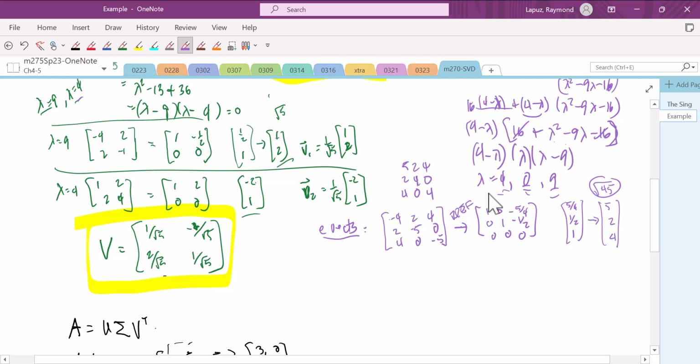All right, now let's put 4 in there. Subtract 4, so in the diagonals, 5 minus 4 is 1. This is 2 and a 4. This is going to be a 2, 0, 0, because 4 minus 4 is 0. And this is going to be a 4, 0, 0. All right.